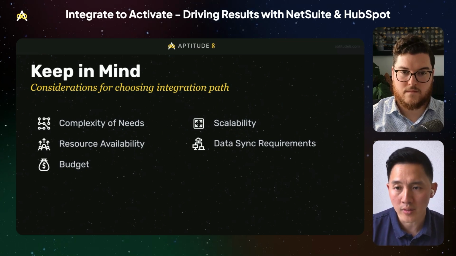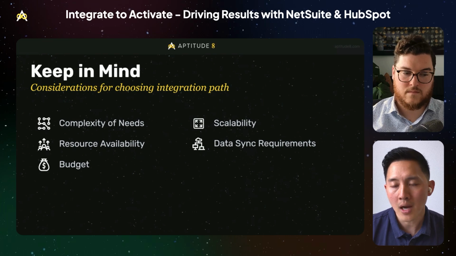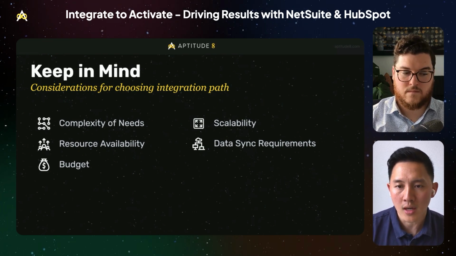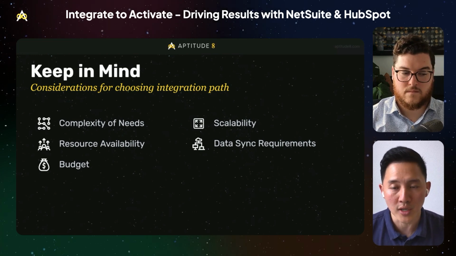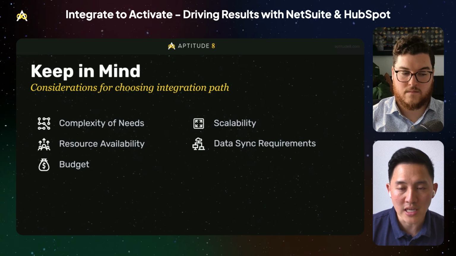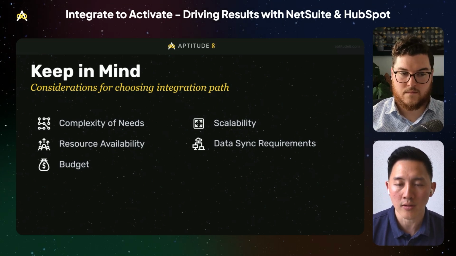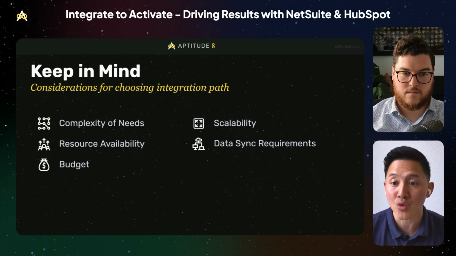The third one here, on the budget side, is just as important as everything else, right? How much do you want to spend? When it comes to iPaaS systems, the cost can balloon pretty quickly if you're thinking bigger picture. You're not just talking about a 2 endpoint integration; you might be looking at 10, 15, 20.